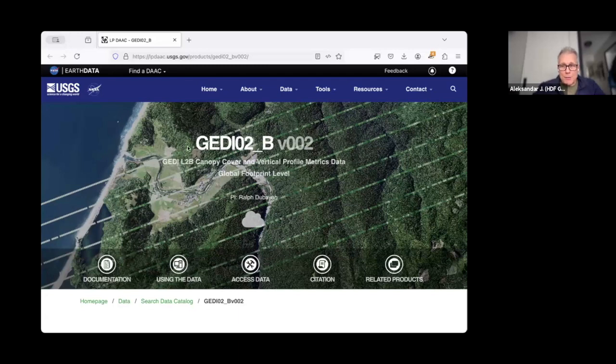But anyway, the file that I'm now going to talk about is one file from this GEDI instrument. This product is called Level 2B, and it stores canopy cover and vertical profile metrics data at global footprint level.